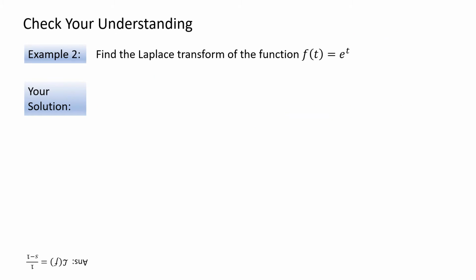Our second example: find the Laplace transform of the function f of t is equal to e to the exponent t. Well, if we look, we're looking for just a function e to the exponent t. And that's satisfied by number 3, which is e to the negative a times t is equal to 1 over s plus a.